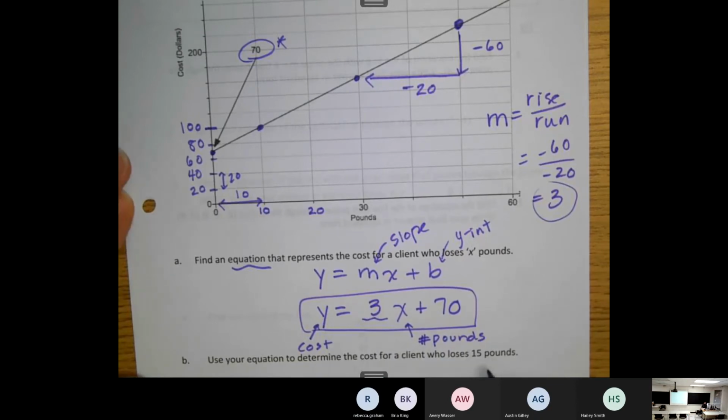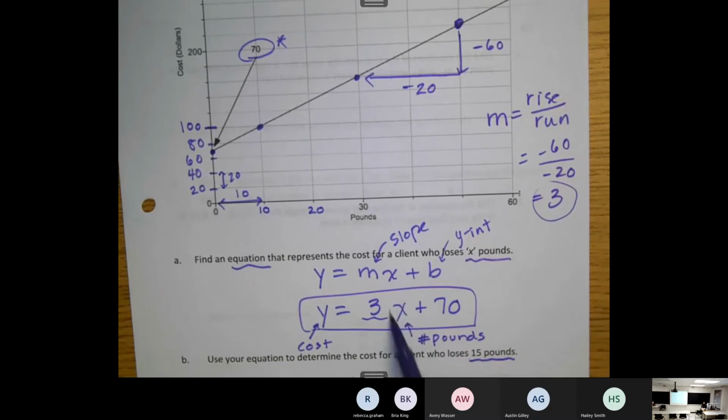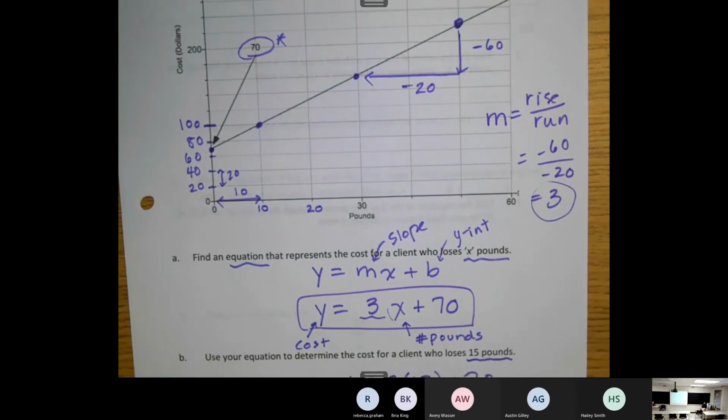In part B, they want us to use the equation like a formula to figure out the cost for a client who loses 15 pounds. So 15 is going to be the X, and we'll just plug it in right there. In other words, take 3 times 15, add on 70, and that'll give us our answer.